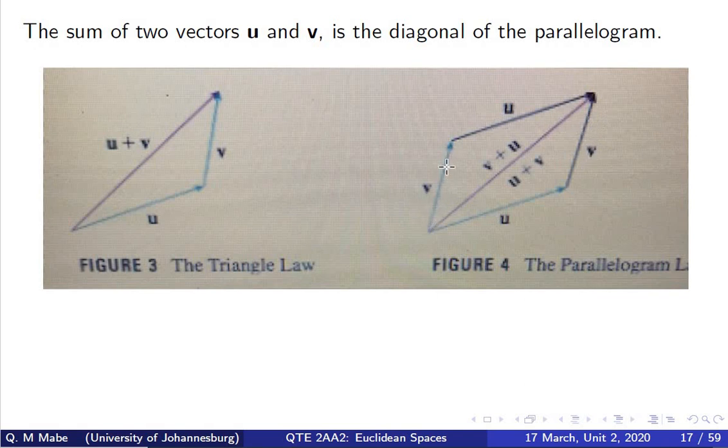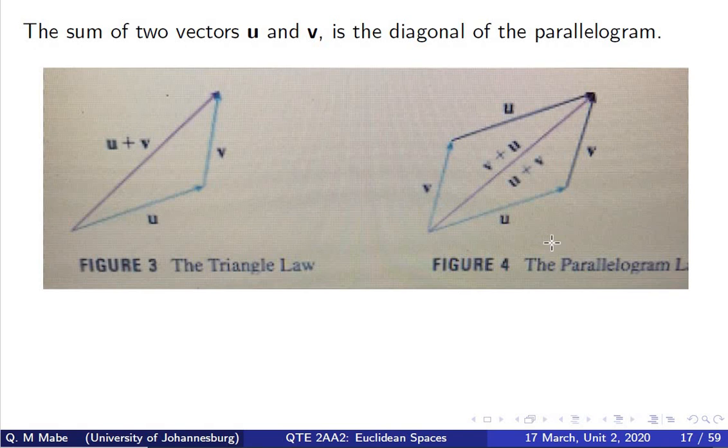Obviously, this is v because it's just parallel to v. And we draw another vector which is parallel to u. That vector is the same in magnitude and direction as u. So this vector is u because it's parallel to u. It has the same magnitude and the same direction. So that's why we call it u.